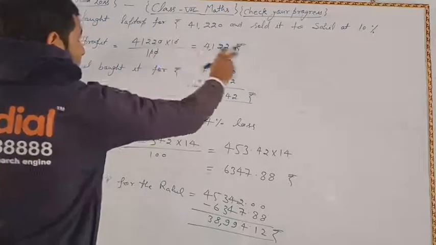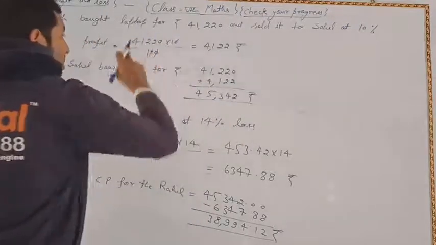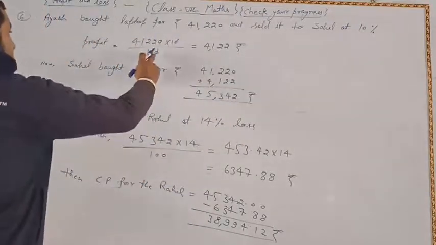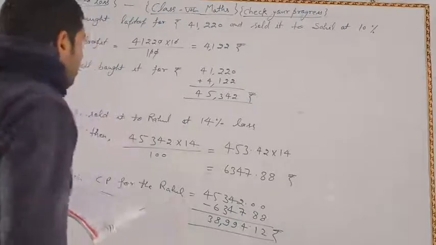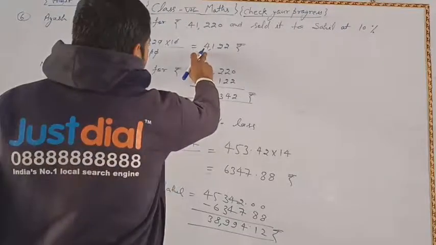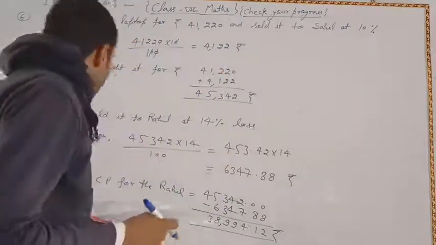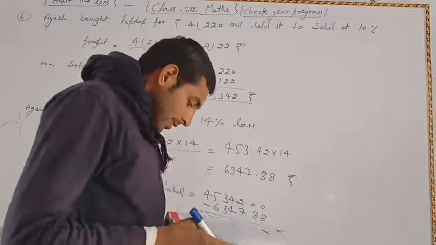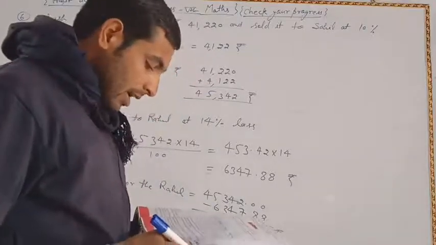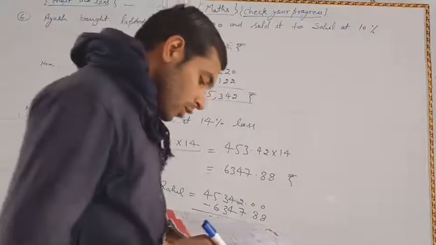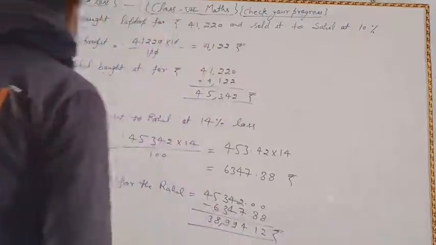CP at 10%, then CP into 10 upon 100. Okay. So from here the zeros cancel. Now we get 4,122 rupees.